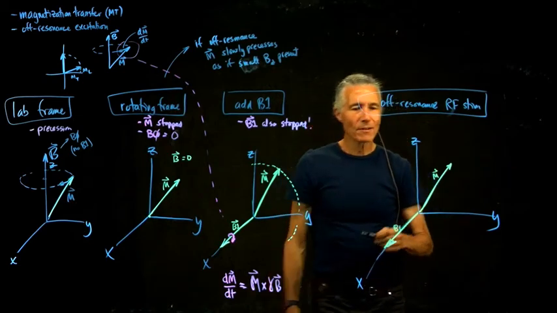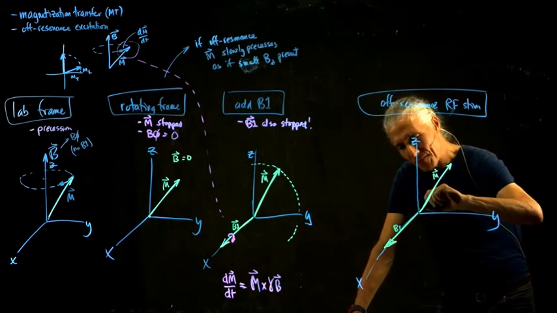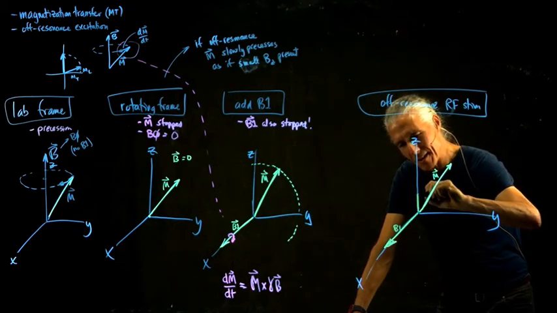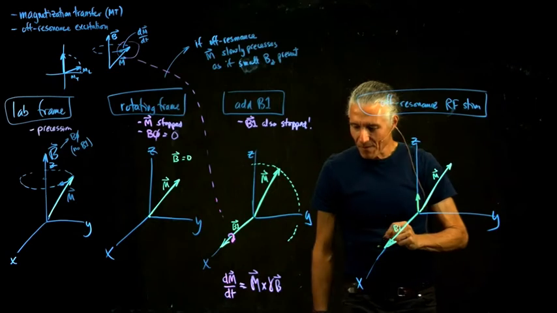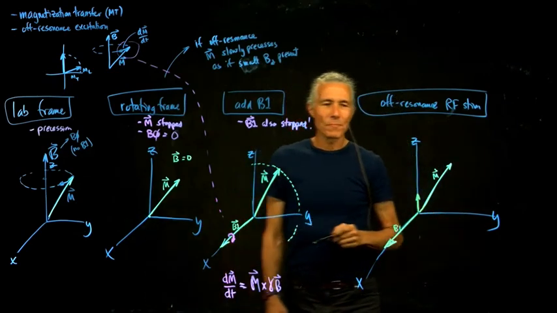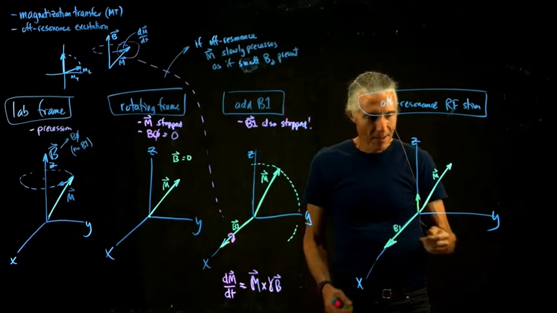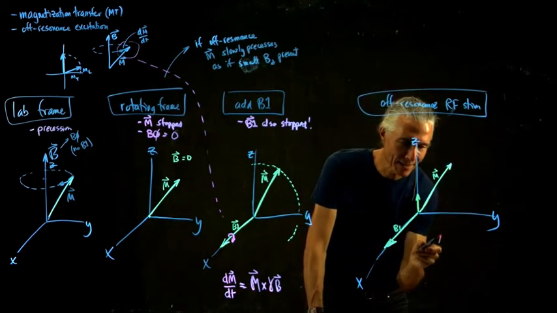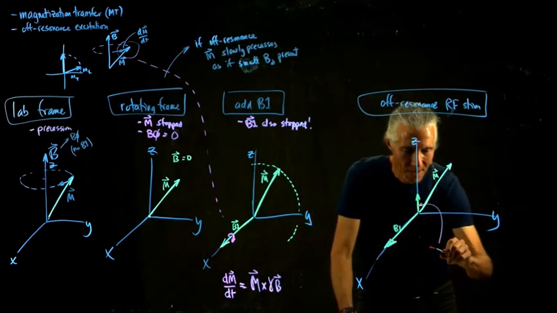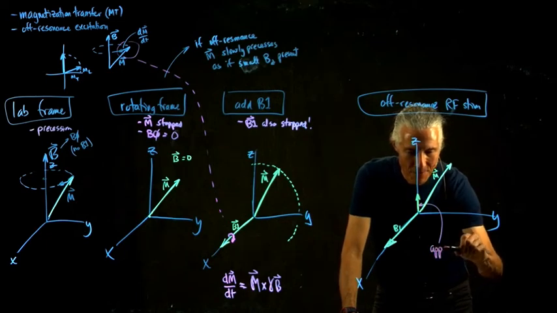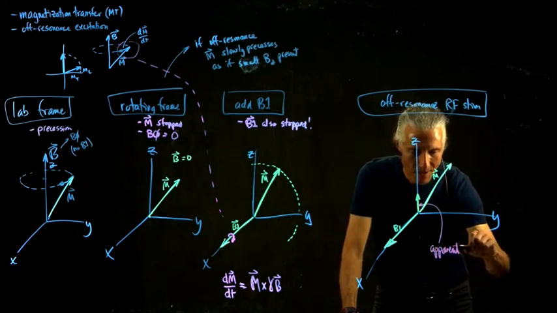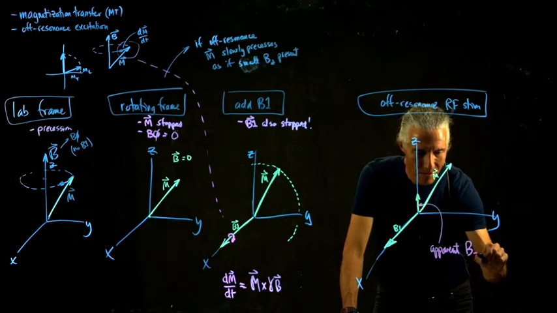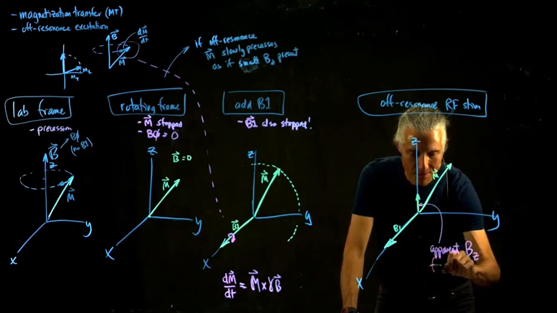But now we have a bit of apparent Bz, apparent Bz from off resonance.